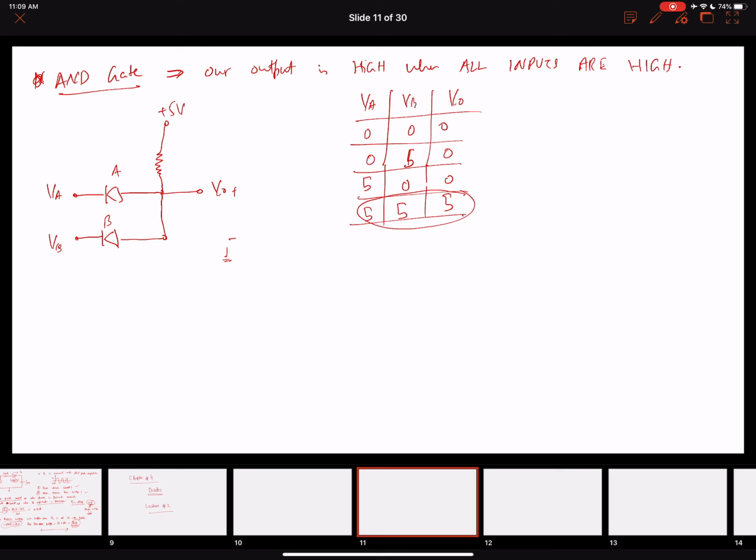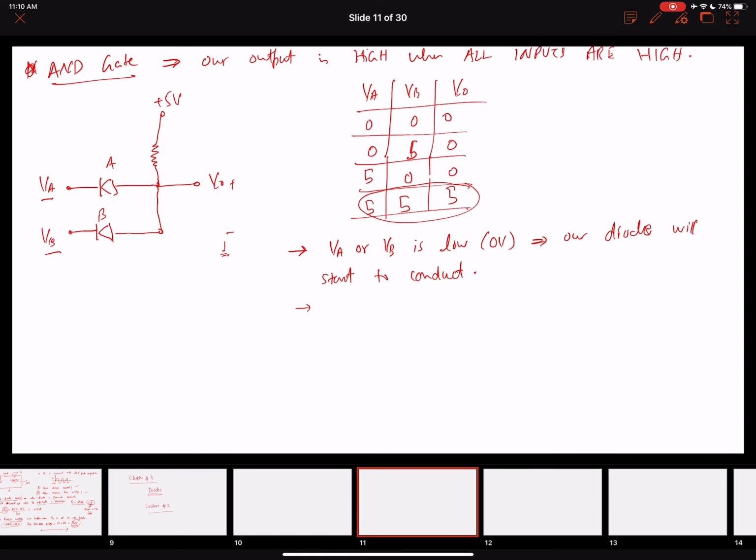Now what will happen? When our VA or VB is low, meaning 0 volts, then given the polarity of our diode, the respective diode will start to conduct. So when VA or VB is low, those respective diodes will be conducting.